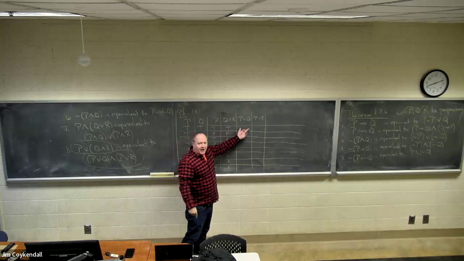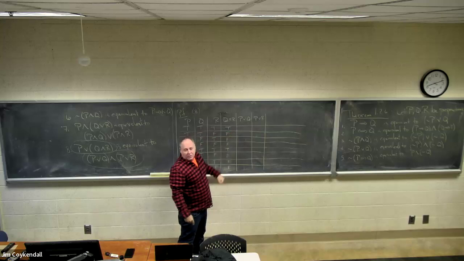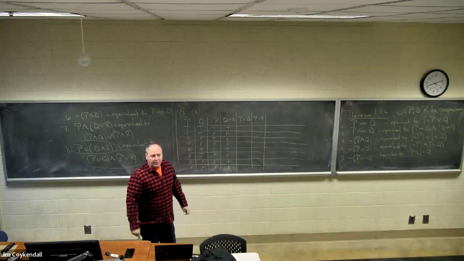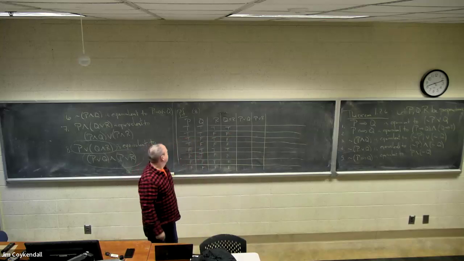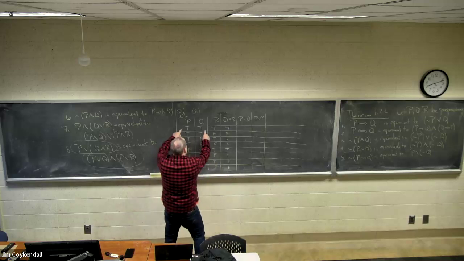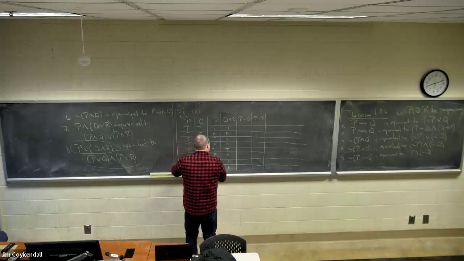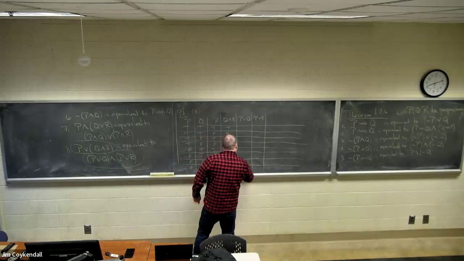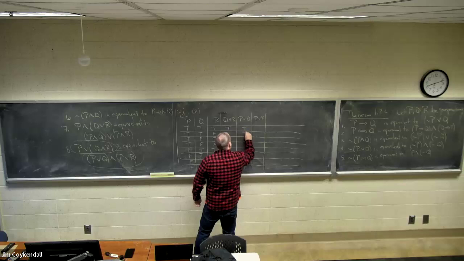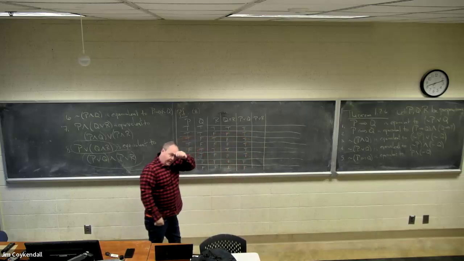What does it take to be false here? Double false. Everybody agree with that? So the only way that P or Q is false is if they're both false. All right. Well, double false. Last two. Everything else must be true. Everybody agree with that?